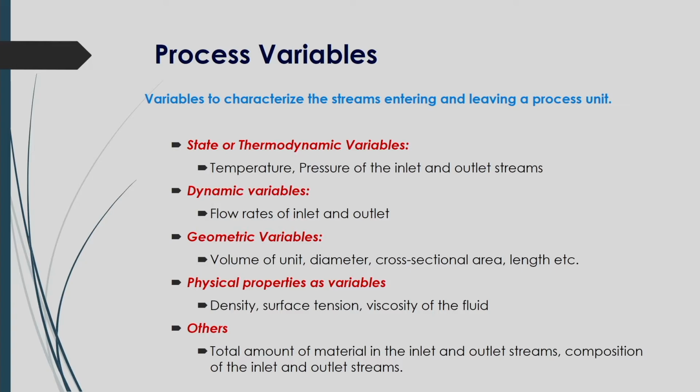One other geometric variable arises if you are doing a process in a particular multi-phase unit, like gas liquid processing in a column. There the gas will be distributed in the column or equipment as a dispersed phase of bubbles.